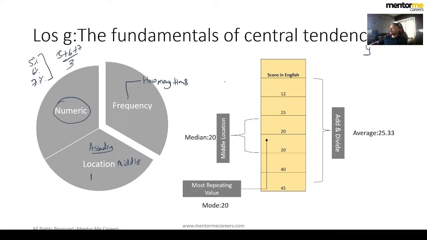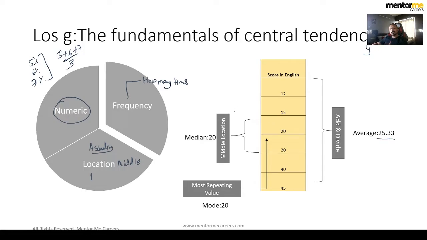Let's look at this example. Score in English: 12, 15, 20, 20, 40, 45, right? If I were to calculate this numerically, I could just add up the values and divide by the number of observations. Straightforward, you will get the average as 25.33.